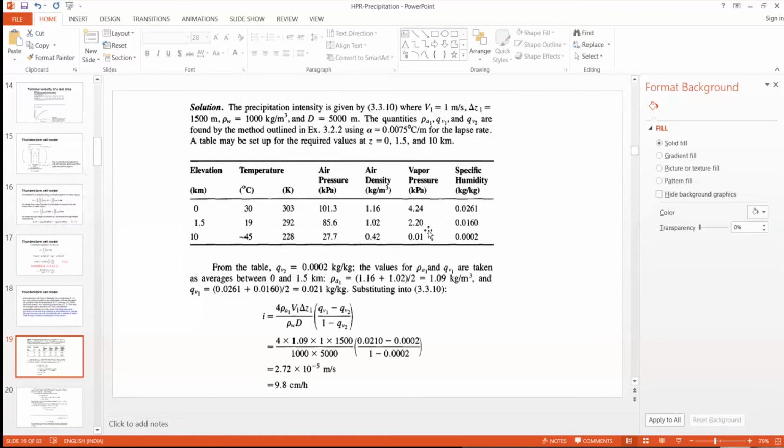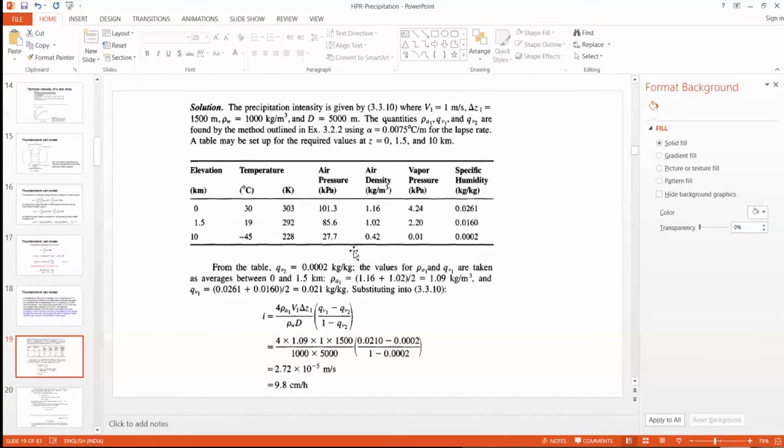So specific humidity, we have calculated at the surface as 0.0261 and at 1.5 kilometer height as 0.0160. So the average of this comes to 0.0210, and QV2 is 0.0002.